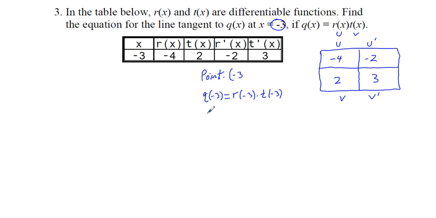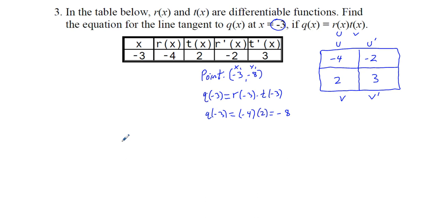Okay, let's do it again. q of -3 is equal to r of -3, which is -4, times t of -3, and t of -3 is 2. So we're going to equal -8. So our point is going to be -3, comma, -8, and those are going to be our x1, comma, y1.